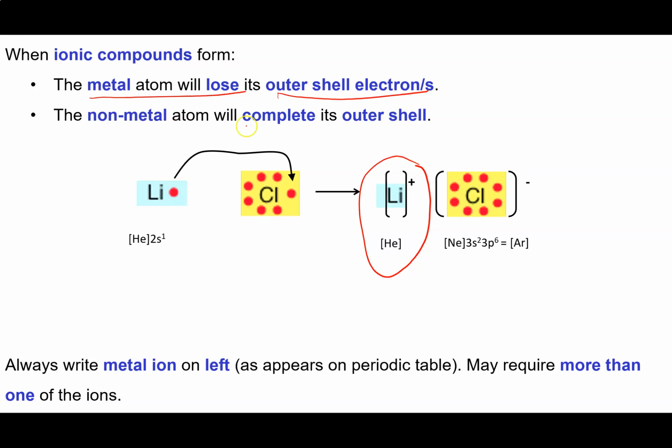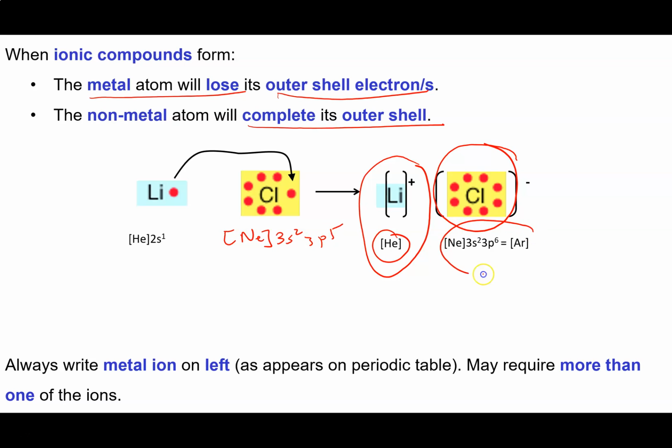The non-metal atom, however, will always complete its outer shell and will always end up with 8 dots around it. So by doing this transfer, what do we see? The metal obtains the noble gas configuration of helium, and the non-metal ends up with the electron configuration of argon.